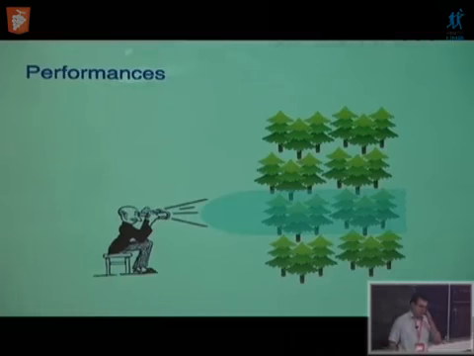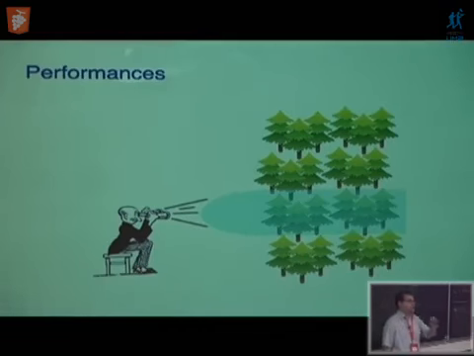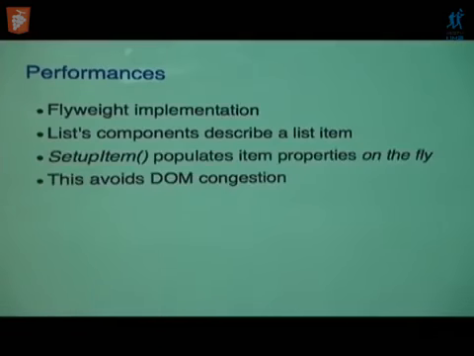Using this variation of the flyweight design pattern is the result of WebOS's experience, and it can avoid overloading the DOM. If you use some versions of jQuery Mobile, for example, a DOM node will be created for every element of a list, and it can go rather slow. Here is a little description of the flyweight implementation.